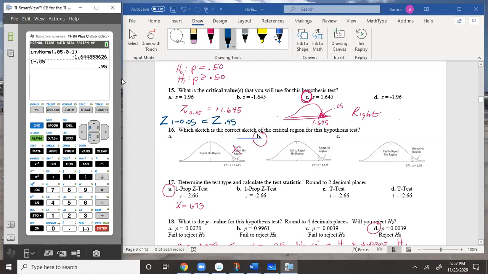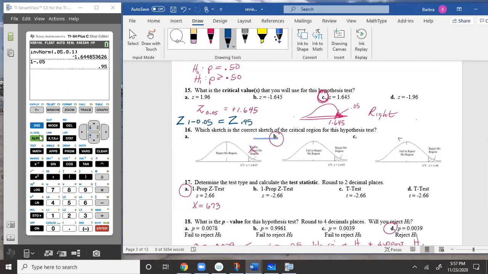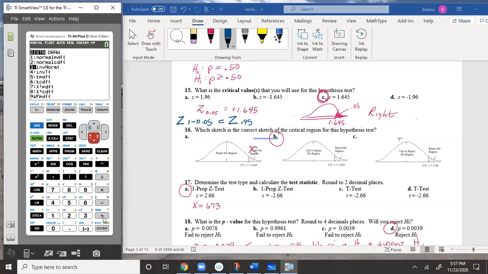And then using complements, we can find the value. So we're going to go to second vars, inverse norm, and the area is 0.95 to the left of the z-score. And now we'll get a positive z-score of 1.65.